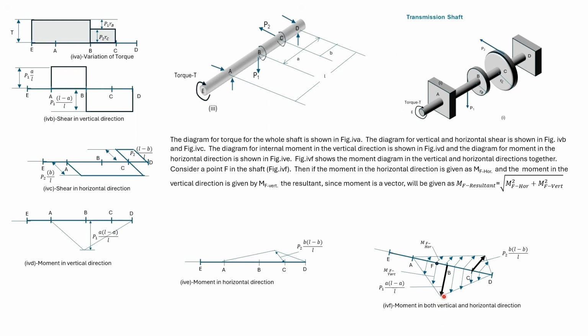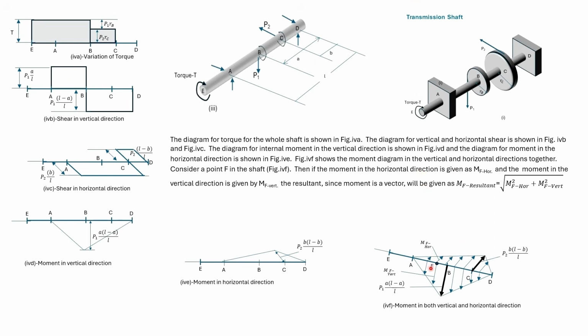For the vertical direction, the maximum bending moment is at P, and for the horizontal direction, the maximum bending moment is at C. Moment is a vector, and we can find out the resultant vector or the resultant moment.